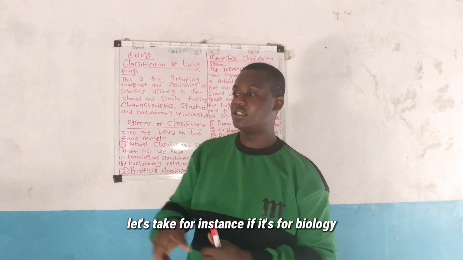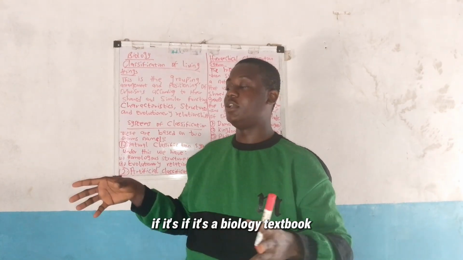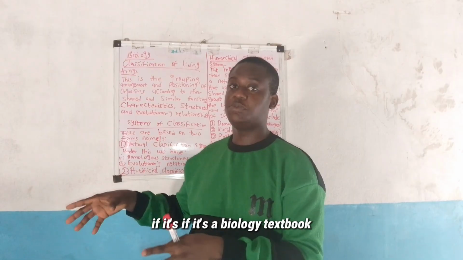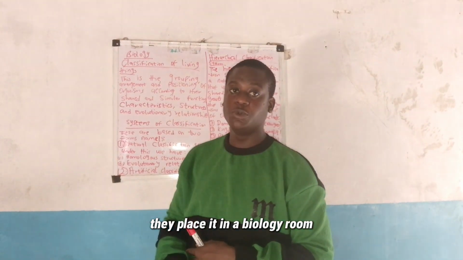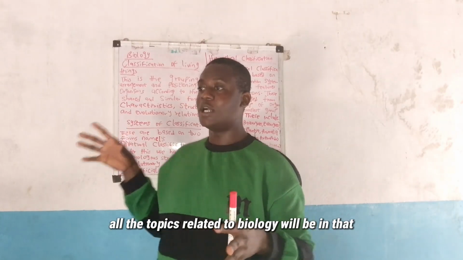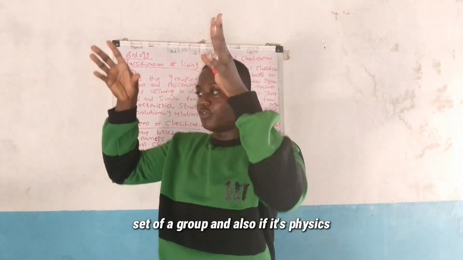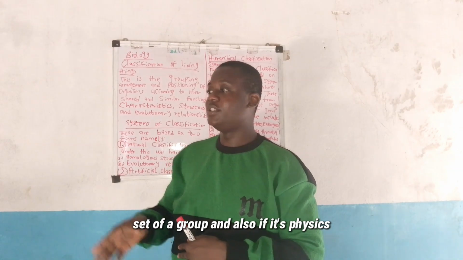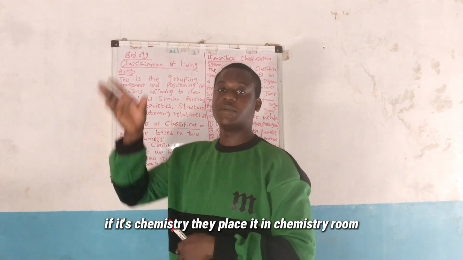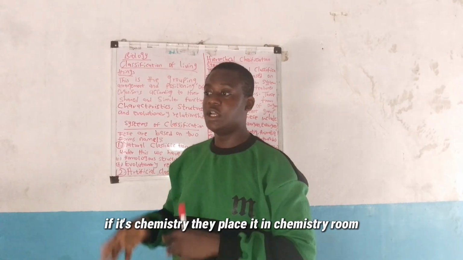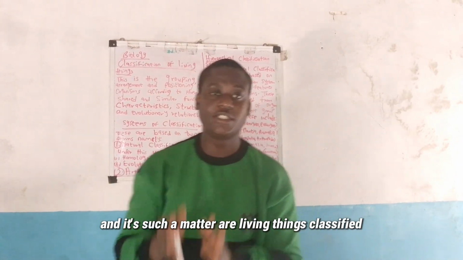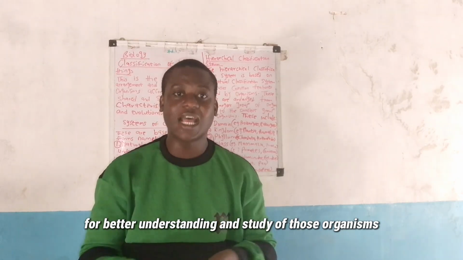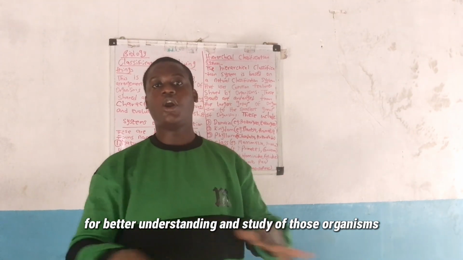Let's take for instance, if it's a biology textbook, they place it in a biology row. All the topics related to biology will be in that group. And also if it's physics, they place it in a physics row. If it's chemistry, they place it in a chemistry row. And in such a manner are living things classified for better understanding and study of those organisms.